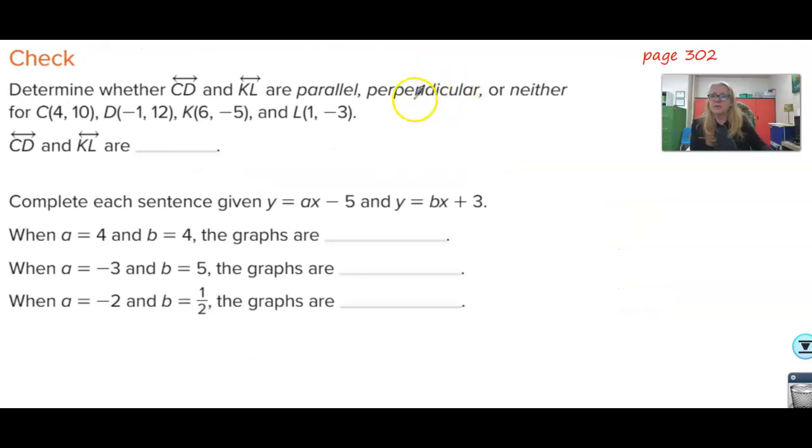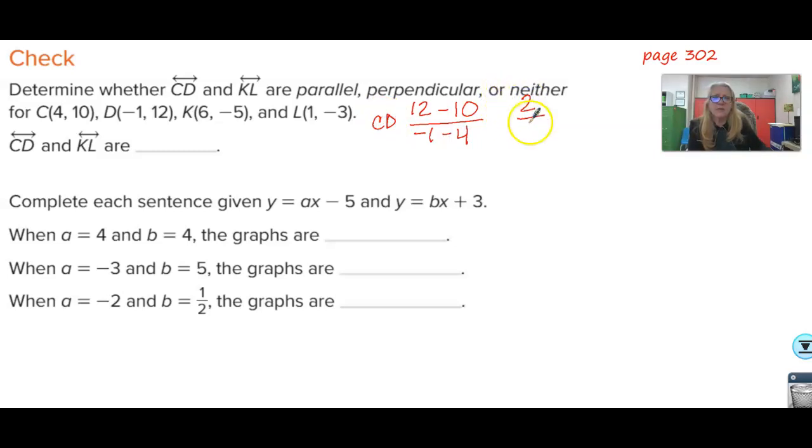But let's see how this one goes. All right, we want the slope of CD and the slope of KL, all right? Well, CD would be second y minus the first y, 12 minus 10, over second x minus the first x. So this is CD here. And that 12 minus 10 would be 2.